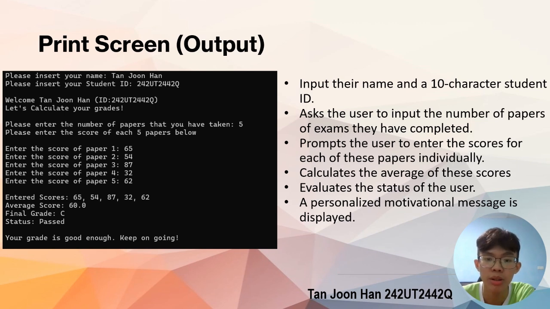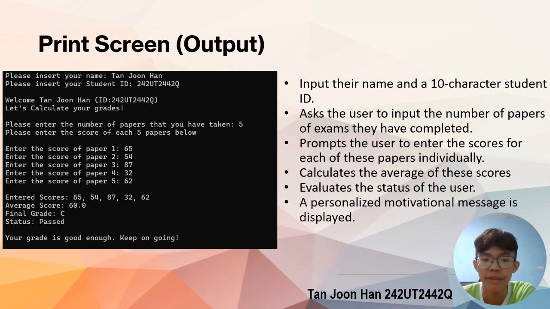Subsequently, the program prompts the user to enter the scores for each of these papers individually. The scores entered are 65, 54, 87, 32, and 62, which are then stored and processed by the program. After the user has entered all the scores, the program displays them in a formatted list for review. It calculates the average of these scores, which comes out to 60.0, and assigns the corresponding grade C based on predefined grading criteria.